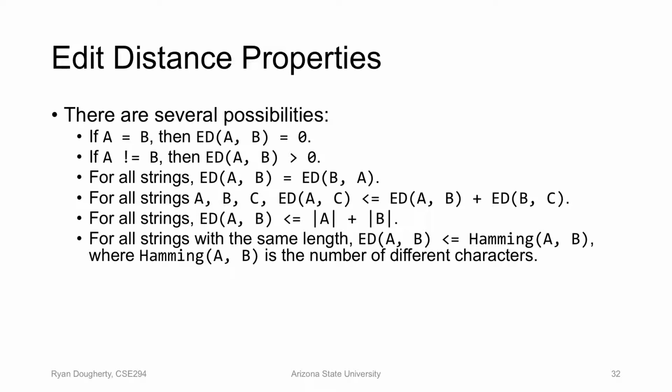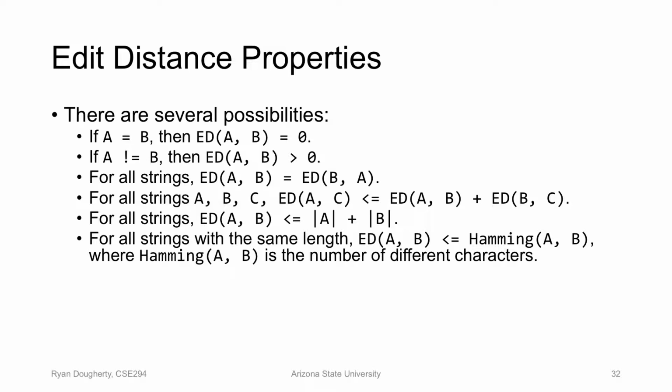And if you have two strings of the same length, it's at most what is called the Hamming distance of A and B. Hamming distance is a widely studied function for figuring out the difference between two strings. It's just the number of different characters.